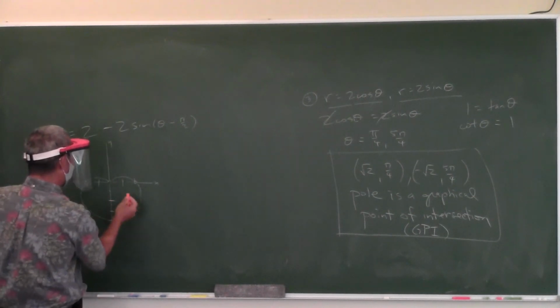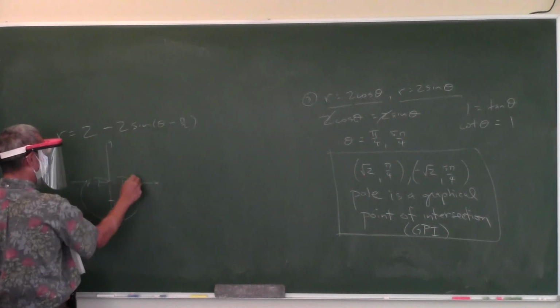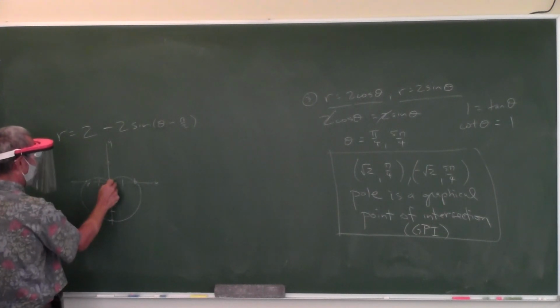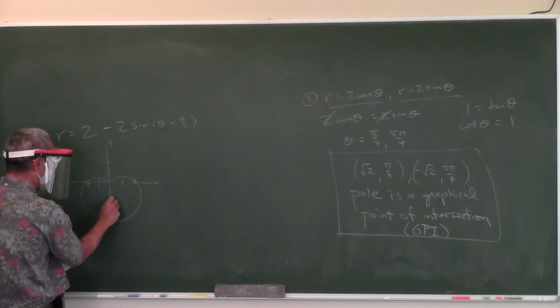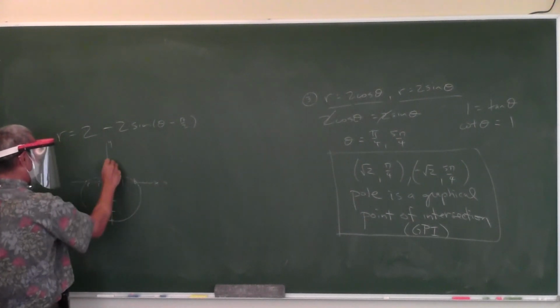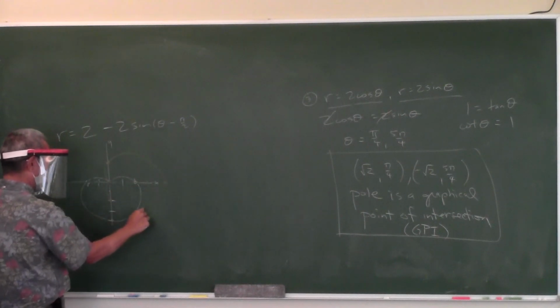So what does that mean? If I want to do this, that means this point gets rotated over here. 0 just stays at the origin. This point gets rotated over here, and this point gets rotated over there. So now the graph looks like this.